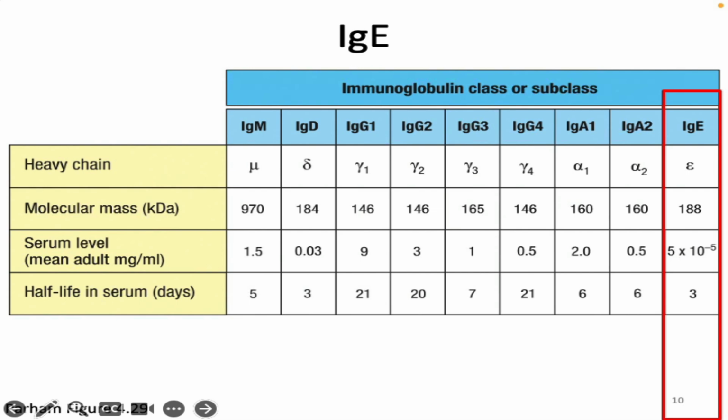Yeah? You are making enough, but it's being used. Okay, it's being used. There's even a simpler way of phrasing it than that. It's somewhere else. It's somewhere other than serum, right? And that is true. And you're going to see that as I talk about effector function. So IgE is not found free in the serum. It is found somewhere else.